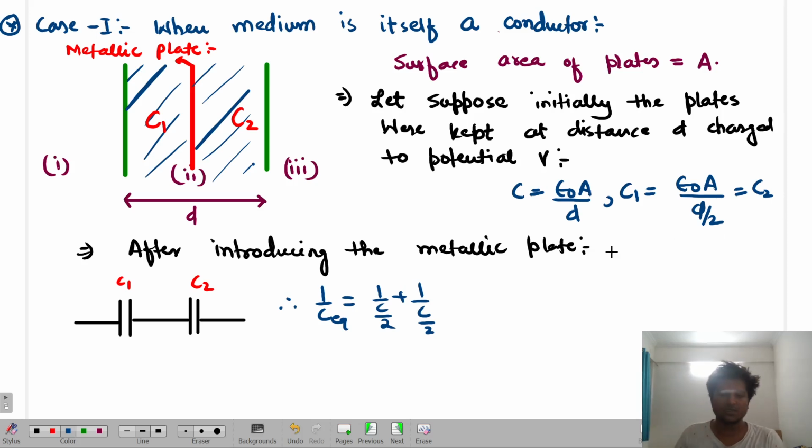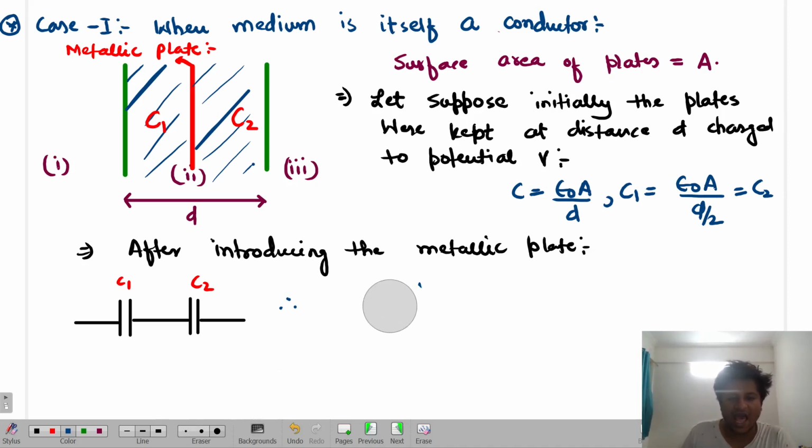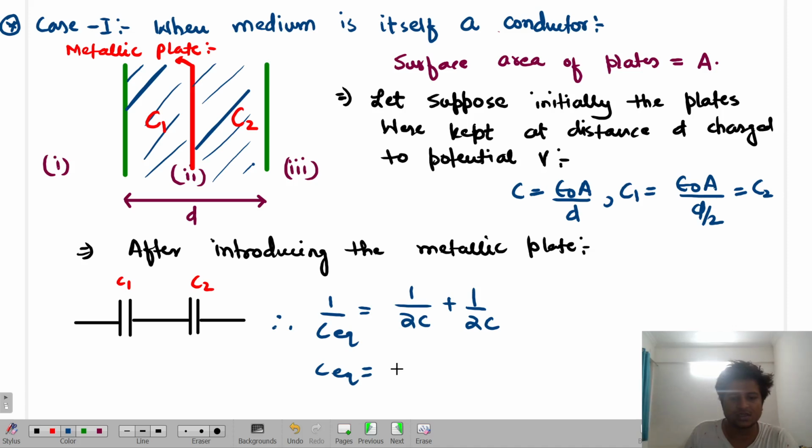It's not C by 2, sorry, one minute. It's twice C basically. So 1 by 2C plus 1 by 2C, that means C equivalent is still equal to how much? C. So did anything change?